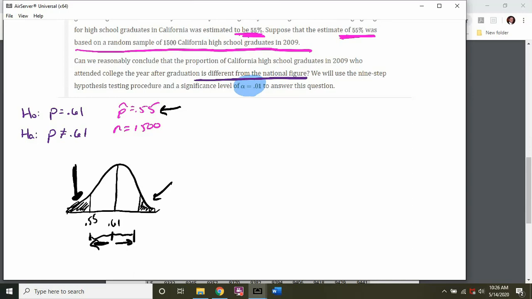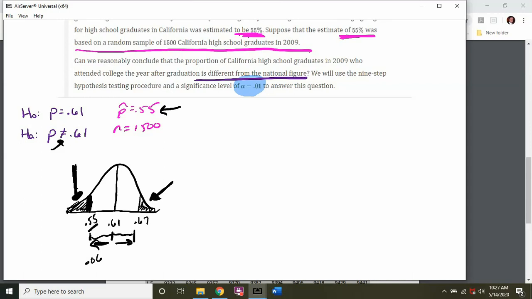If we can get the area of that region, we multiply it by 2. And you have to do that if you're using your z table. But if you're using the calculator, you punch in the appropriate p sub 0, and it's going to do it for you. And look, how far away is 0.55 from 0.61? 0.06. So if I add, that would take me to 0.67. I'm going a little deeper into this than you need to worry about, but we're basically asking for a not equal situation.